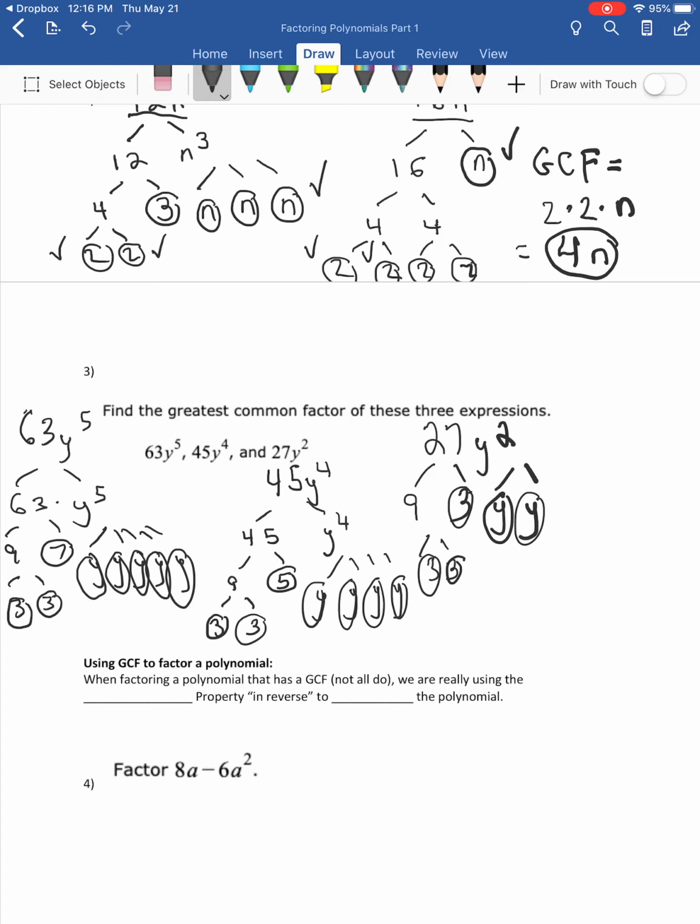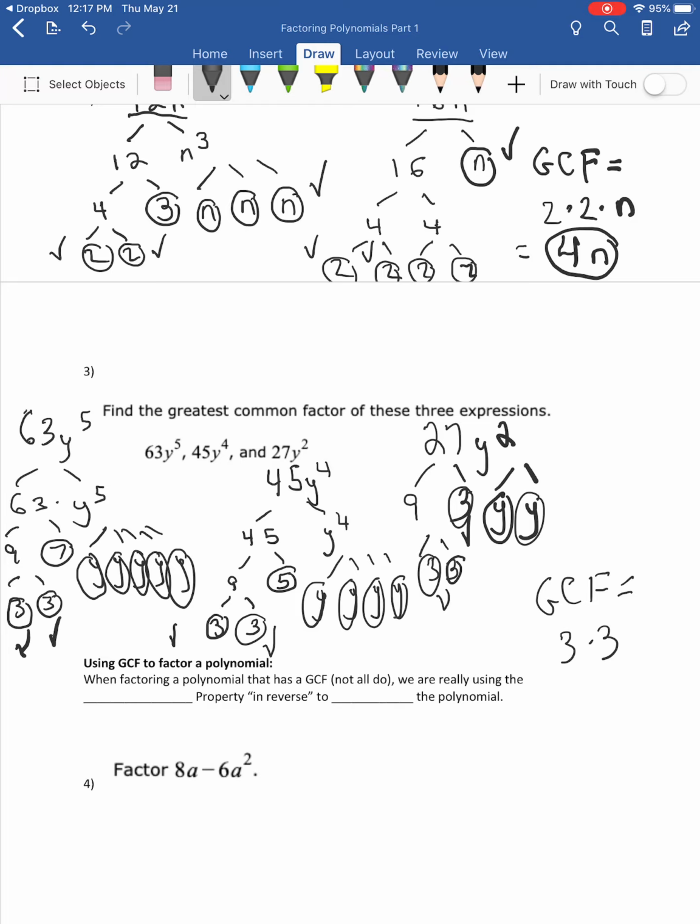Okay, let's see what they all have in common. So they each have 2 3's, okay, we can take out 2 3's from each of them, okay? So the GCF is 3 times 3, and they have more things in common.